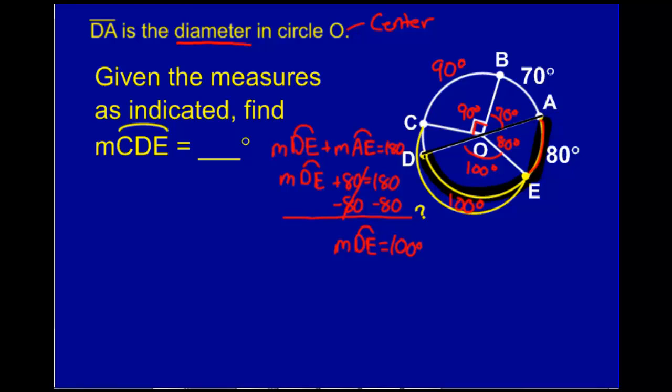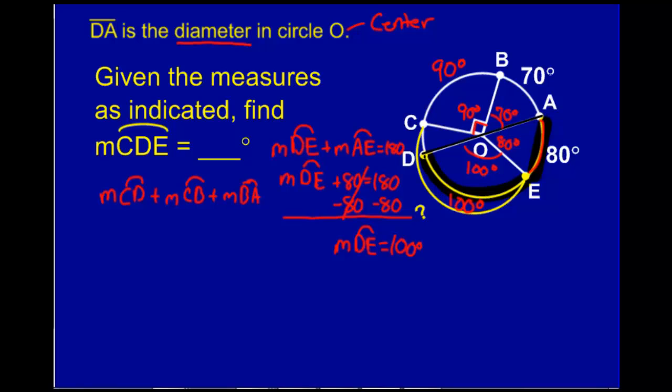Now, what do we got going on this side? Well, we still need this little piece here. We haven't found arc CD, but here again we have another semicircle, and it's the measure of arc CD plus the measure of arc CB plus the measure of arc BA.